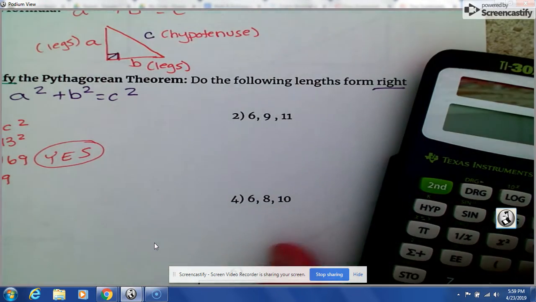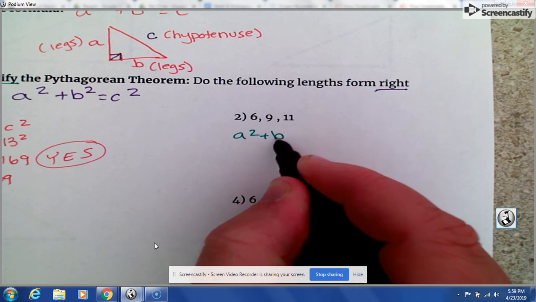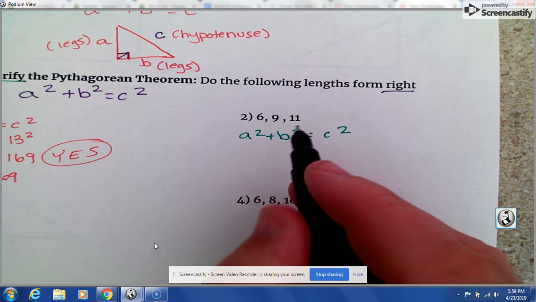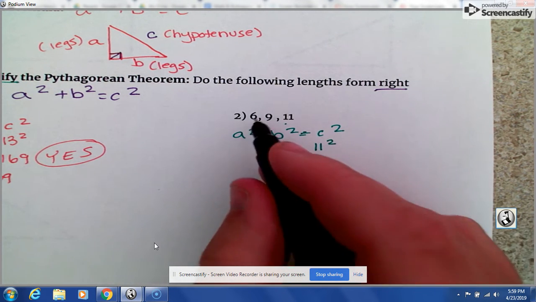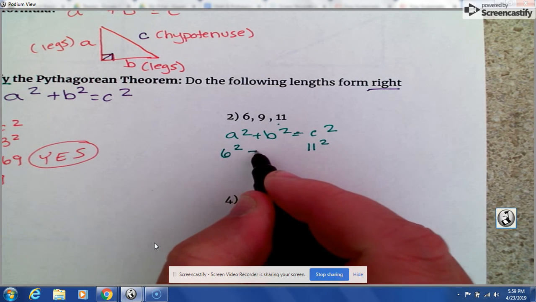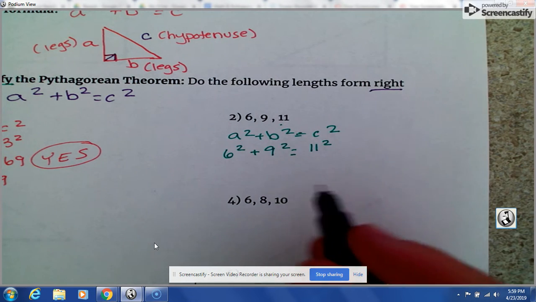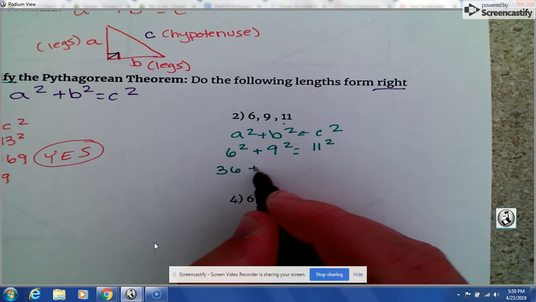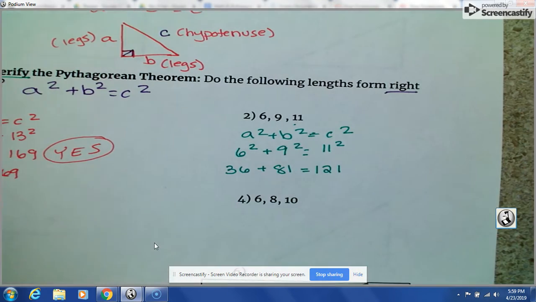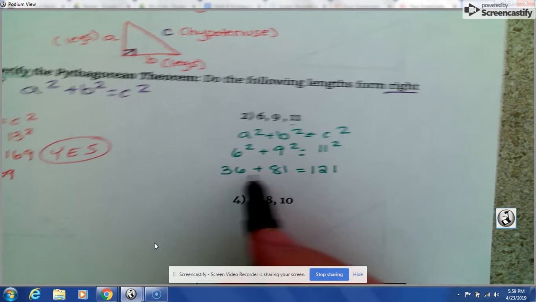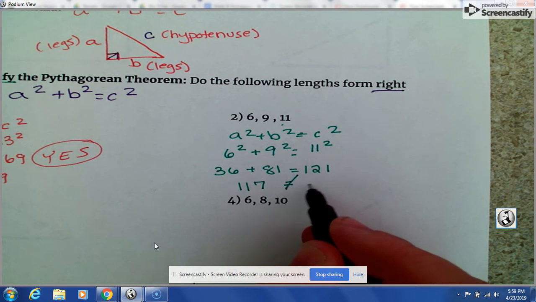Looking at number 2, we're going to write our right triangle formula. A squared plus b squared equals c squared. Our longest side's 11, so that replaces c. So we have 6 squared plus 9 squared equals 11 squared. Again, 6 squared in the calculator is 36. 9 squared is 81. And 11 squared is 121. These two added together give me 117. And 117 is not 121.